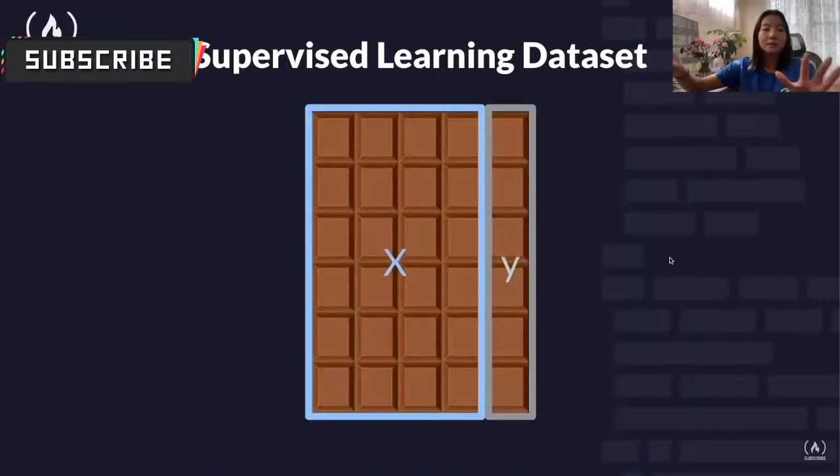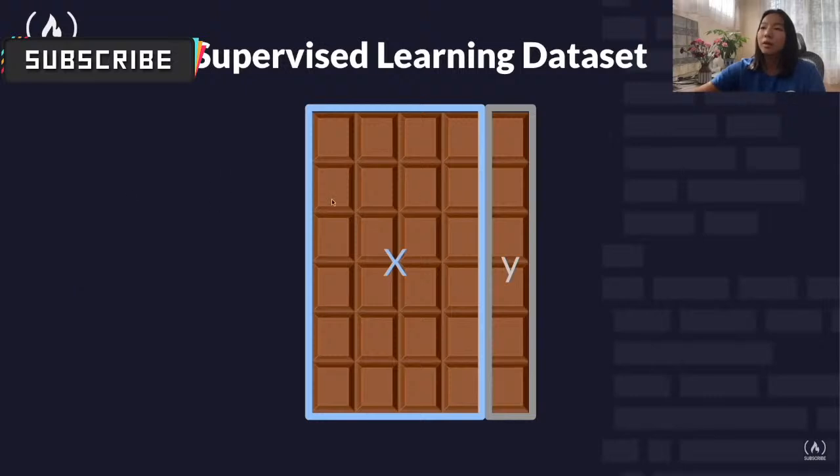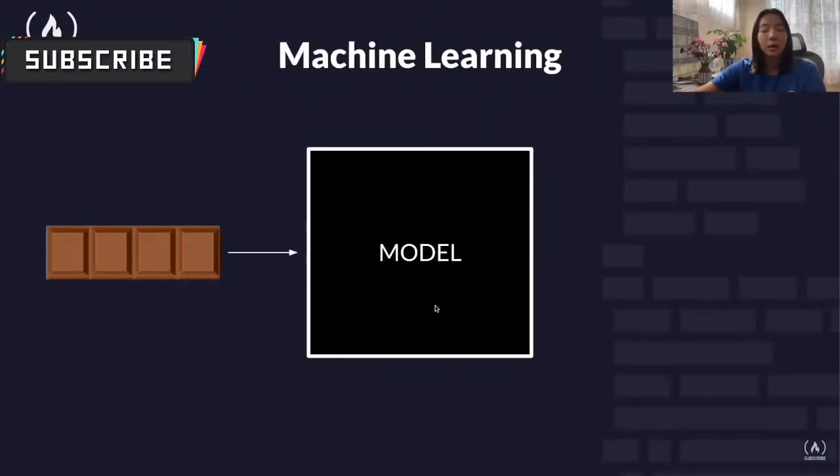So I've condensed this to a chocolate bar to talk about some of the other concepts in machine learning. Over here we have our X, our features matrix, and over here this is our label Y. Each row of this will be fed into our model, and our model will make some sort of prediction.